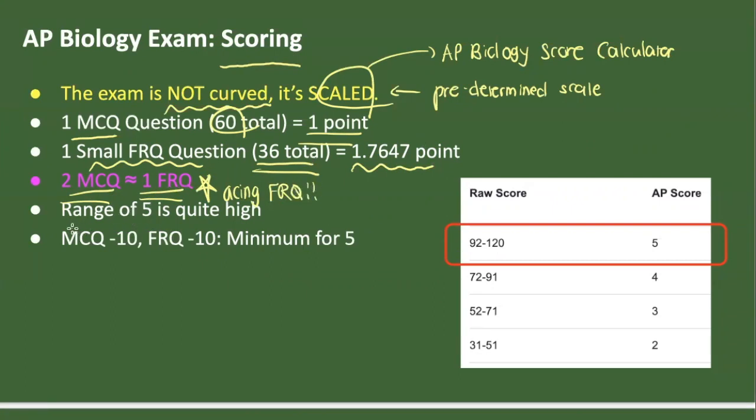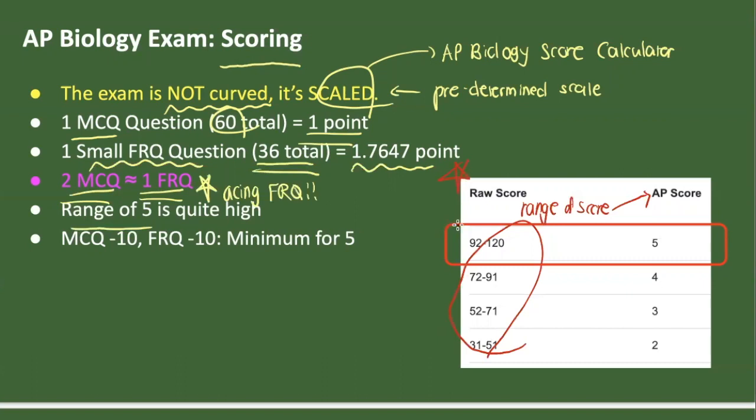And you'll see that the range of 5 is quite high. So let's take a look at this. You'll be familiar with the concept that for an AP score, you either get a 5, 4, 3, 2, or 1. But there's a raw score, meaning that there's a range of scores that results in a single AP score.